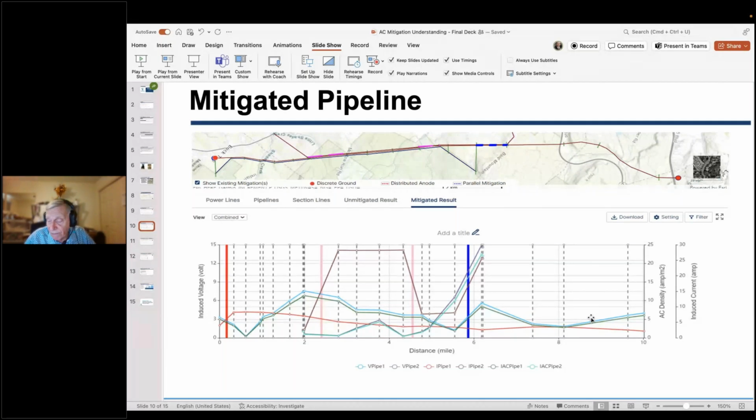One of the things I'm going to be doing at NACE or AMP next year in Nashville, Tennessee, is I have a paper called reconducting. Reconducting is something that's occurring in our industry with the power lines.